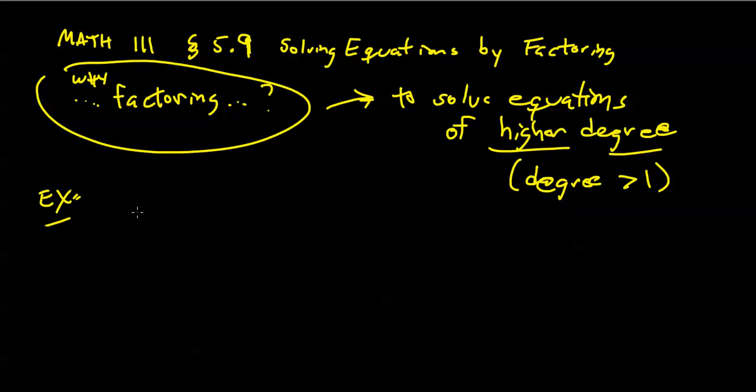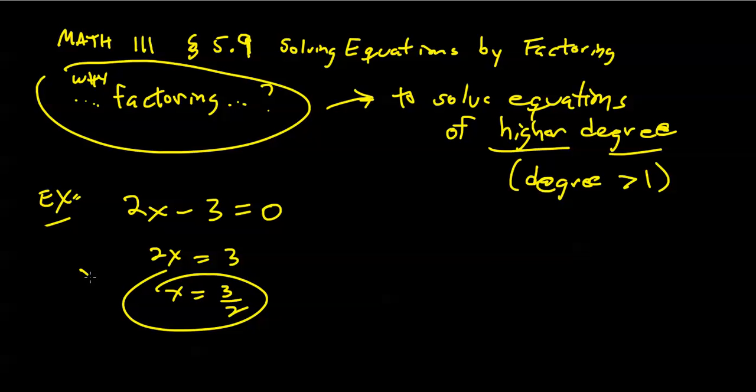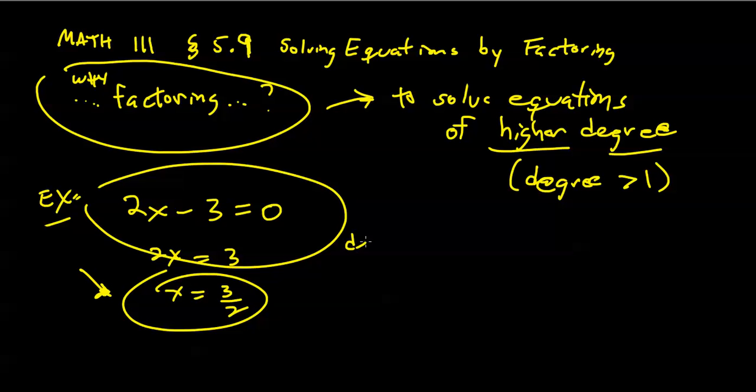For example, if I have a very simple equation, 2x minus 3 equals 0, we can solve this very easily. 2x equals 3 and x equals 3 halves, of course. We did this in chapter 2 and chapter 3. This is a degree 1 equation, 1 meaning the highest exponent you see on any variable is, of course, 1.